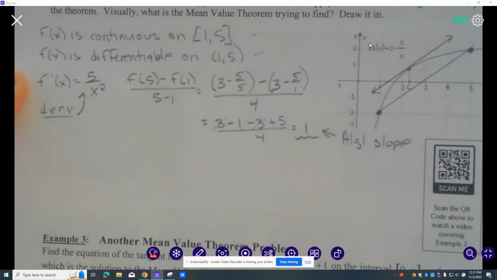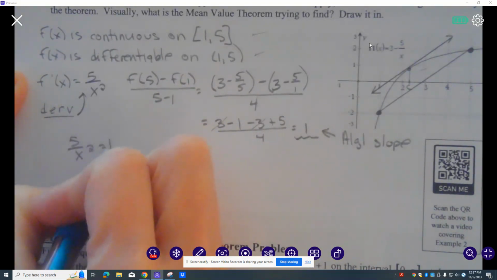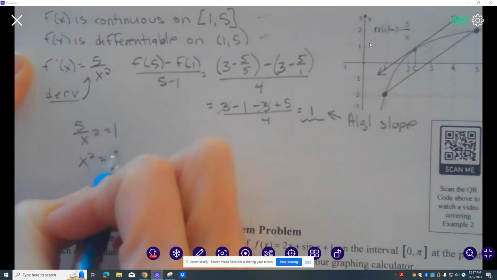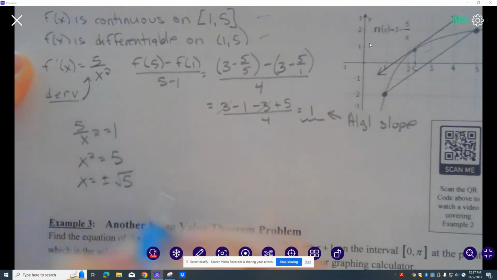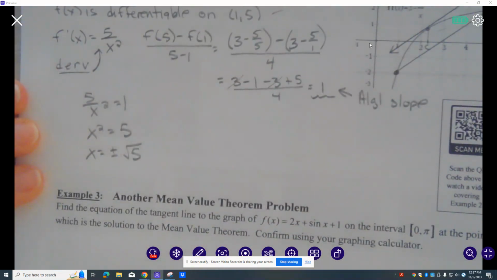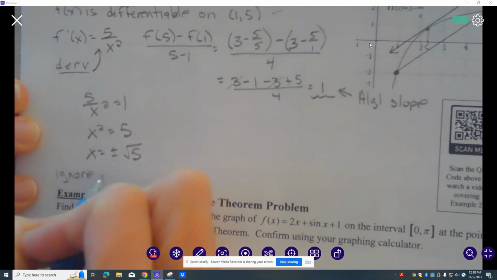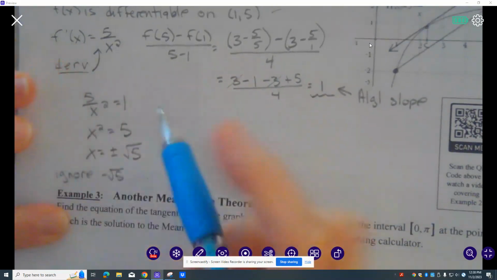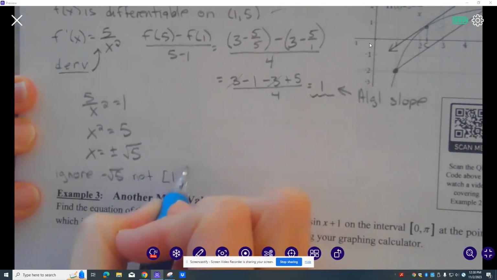So I just want to set those equal and solve for x. So I would get x squared equals 5. X equals plus or minus square root of 5. I'm going to ignore negative square root of 5 because negative square root of 5 is not on the interval 1 to 5.